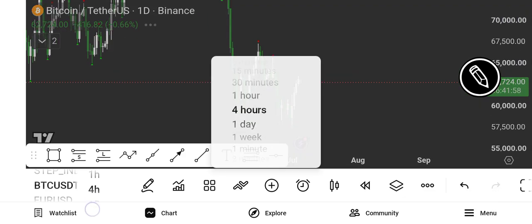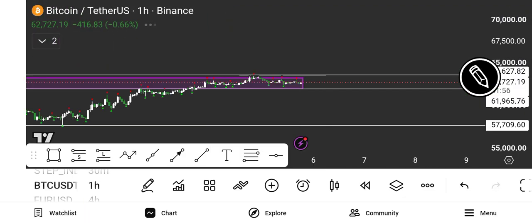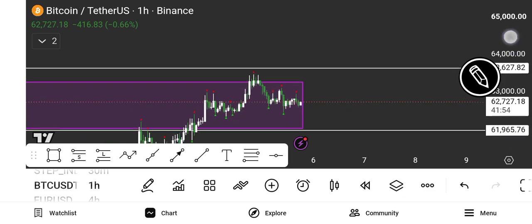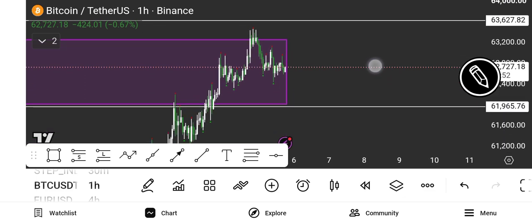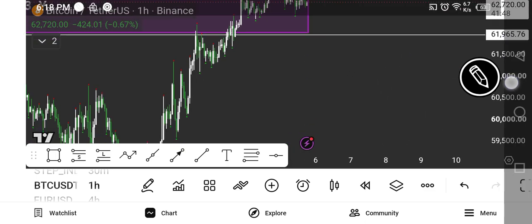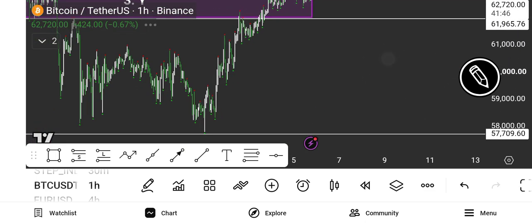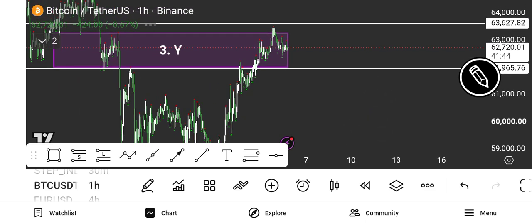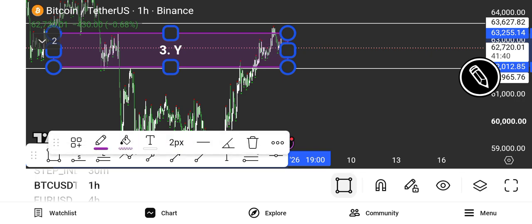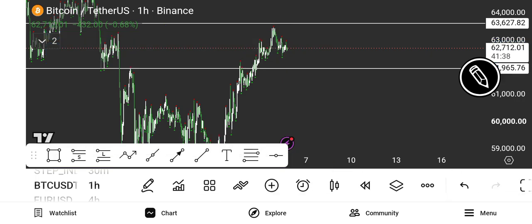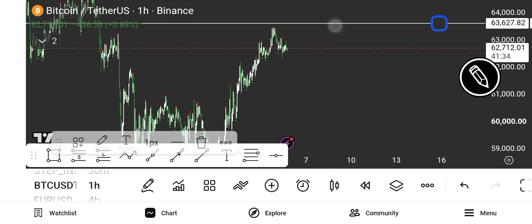So from this daily time frame, we can go down now to the hourly time frame and look out for possible reversals downward. Since the daily time frame is giving us retracement upward, it's normal for us to be seeing bullishness on the hourly time frame, because relative to the daily time frame, the hourly time frame is a lower time frame, right?